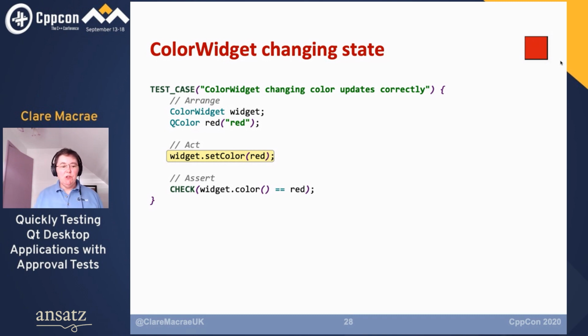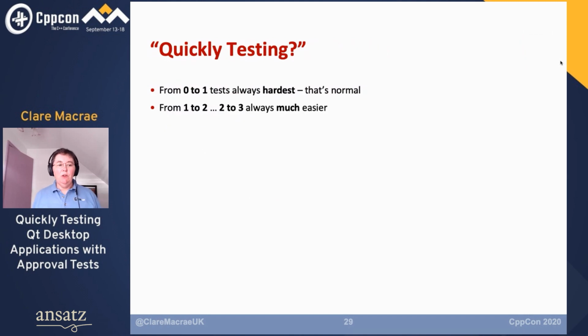So it's reasonable to expect that that's how the user's request for a different color would be implemented. So I've done the arrange, I've set up the widgets, and now I'm acting, and then I'm going to assert that the color has changed to red. It's a tiny, tiny test, but it's part of getting to know the library and exploring it, and where tests are useful, saving them along the way.